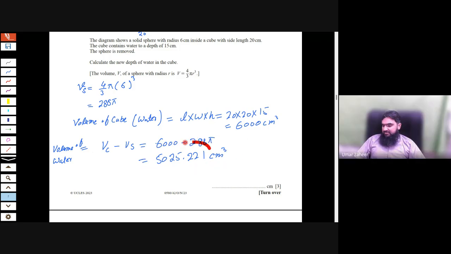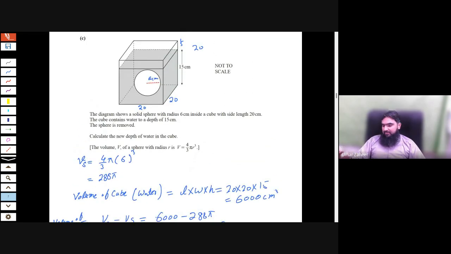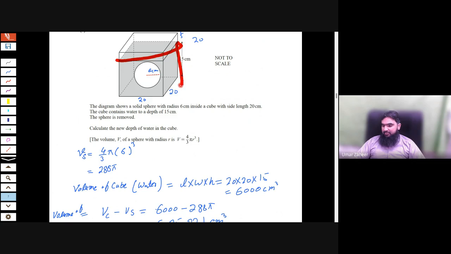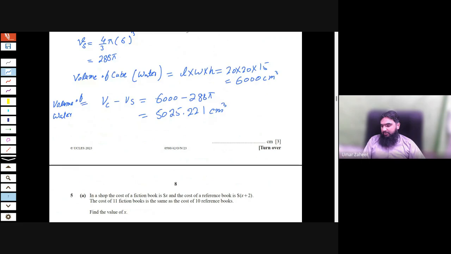So basically, this is the exact volume of the water that you have. We have the volume of the cube, and we subtract the volume of the sphere, so you get the exact volume of the water. We know that the volume of a cube is length into width into height.